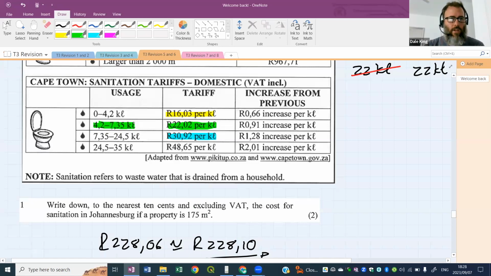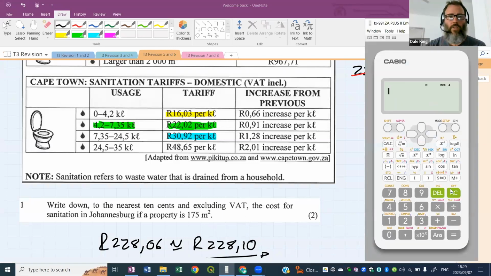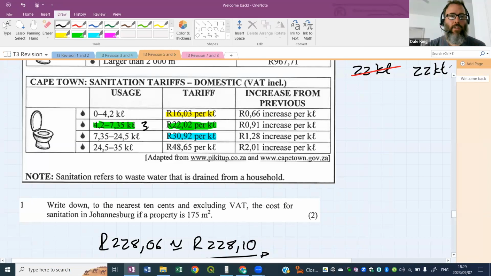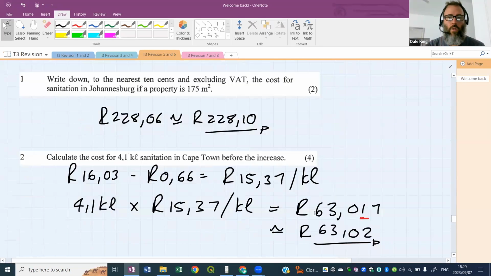So we obviously got to do a little calculation to see how many kiloliters are in there. Yes. So 7.35 minus 4.2. I've got 3.15 in there. I'm just going to write it like that. So I've got 3.15 kiloliters in that bracket.